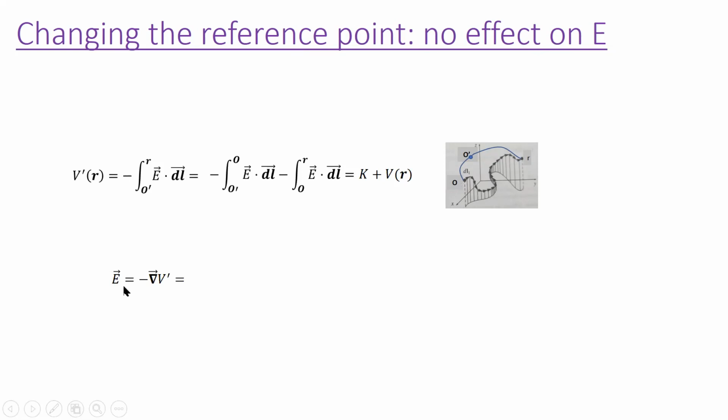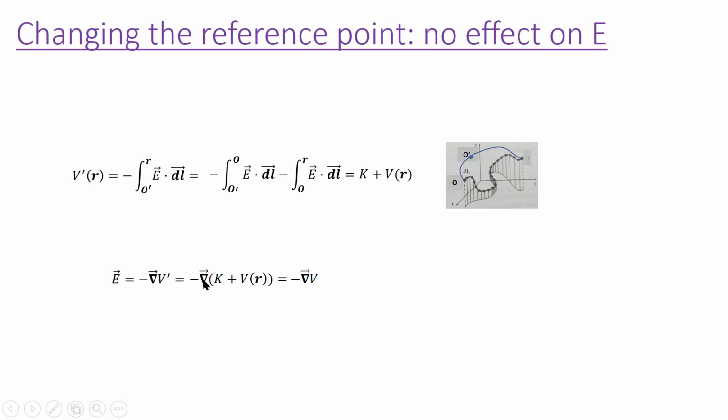And if we look at the electric field, which comes from this new V prime, remember we've learned that the electric field is minus the gradient of V prime. So plugging in here, that's minus the gradient of this constant plus V of R. But the gradient of a constant, since the gradient is a derivative, is going to be 0.